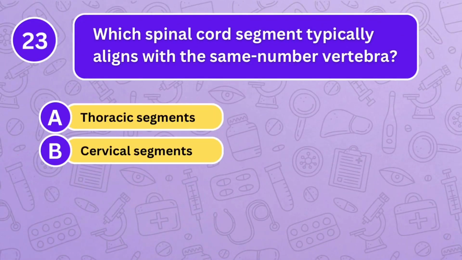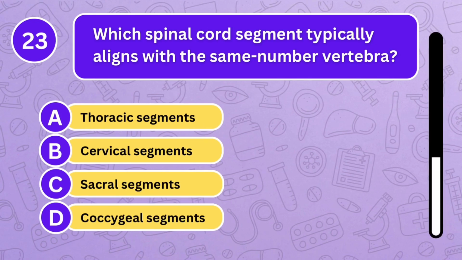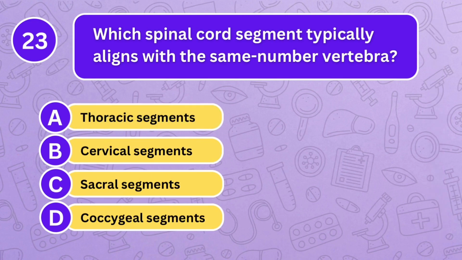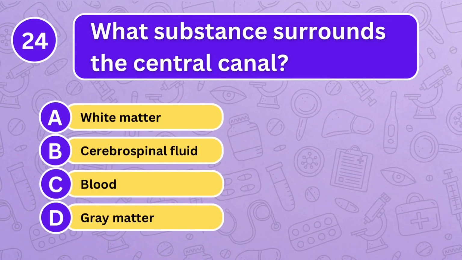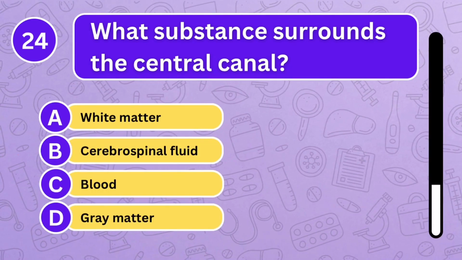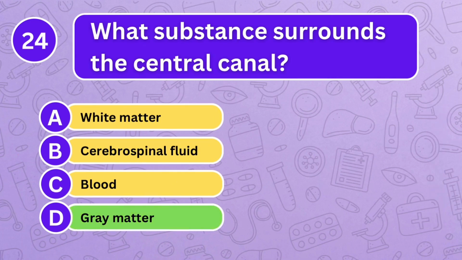Which spinal cord segment typically aligns with the same number vertebra? Thoracic segments. What substance surrounds the central canal? Gray matter.